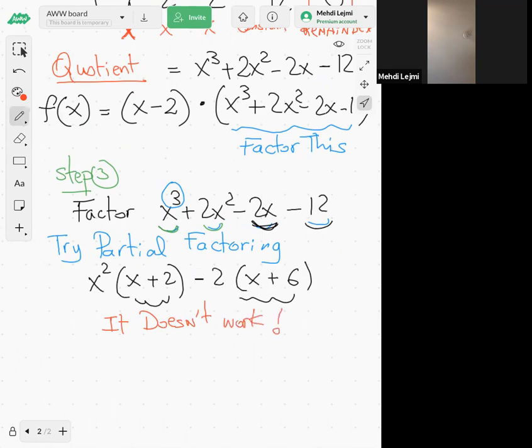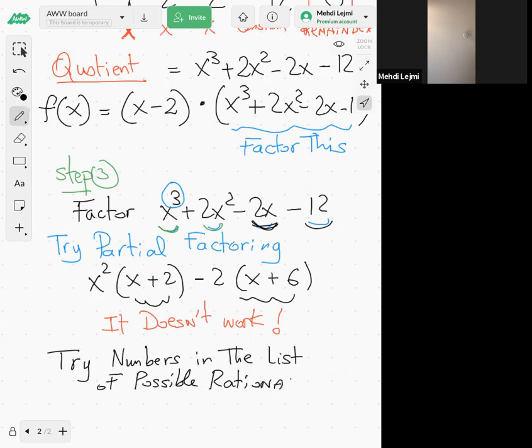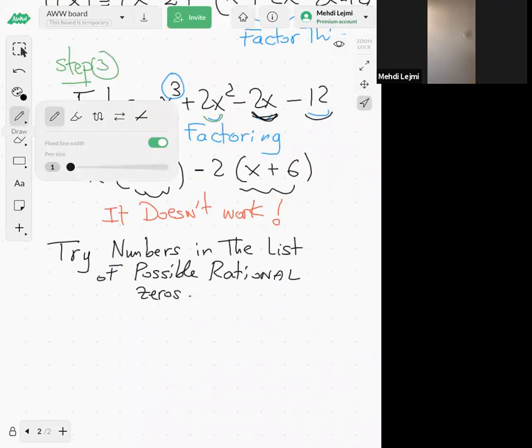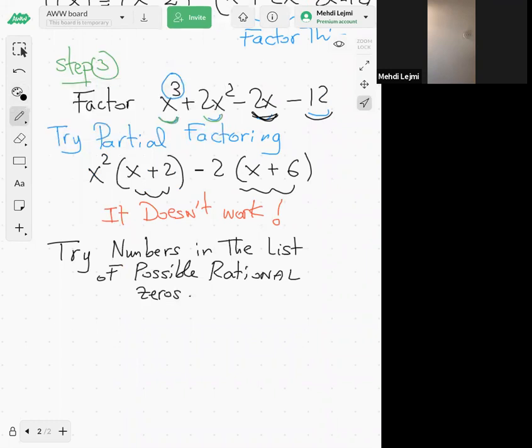Okay, so then we can try the numbers in the list of possible rational zeros. We have x cubed plus 2x squared minus 2x minus 12.